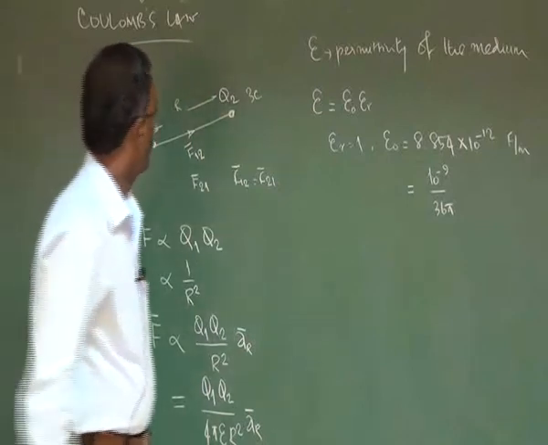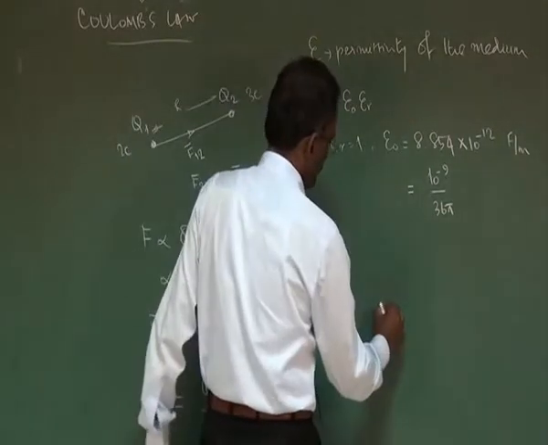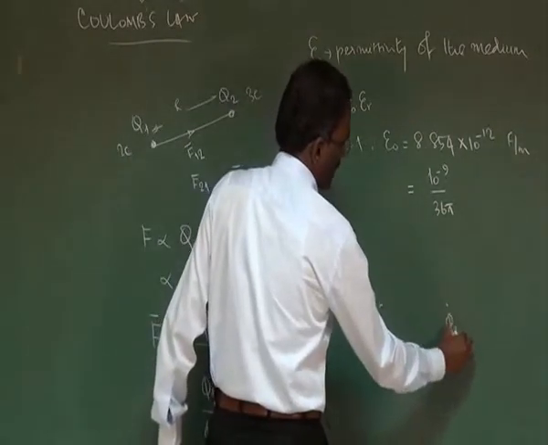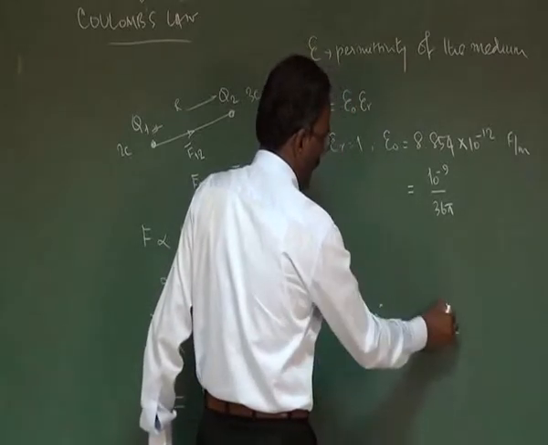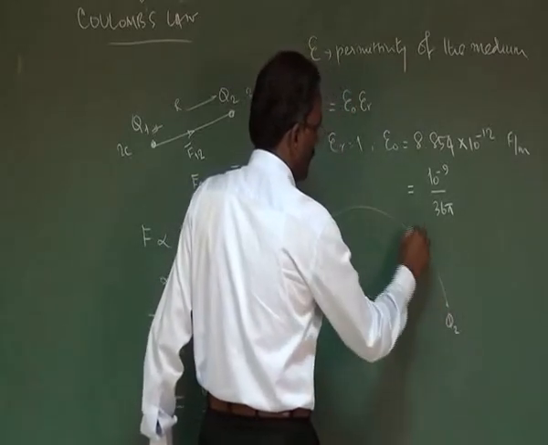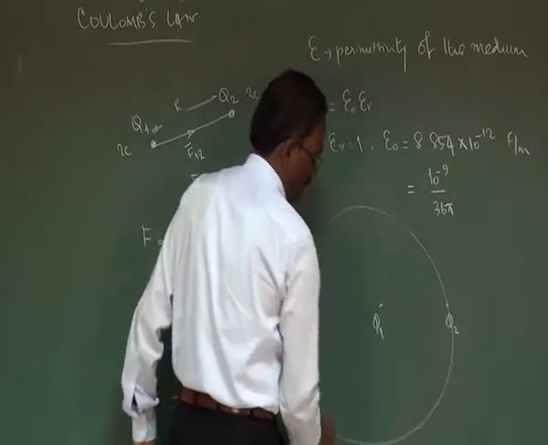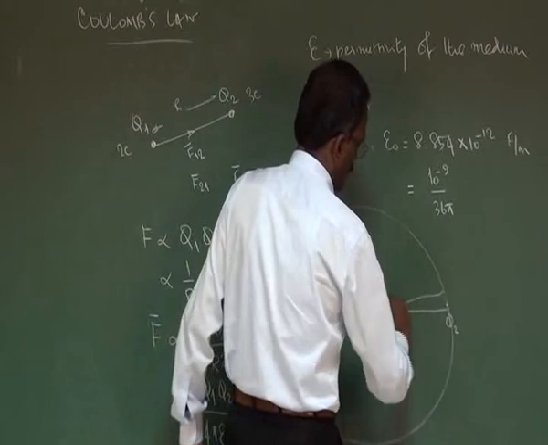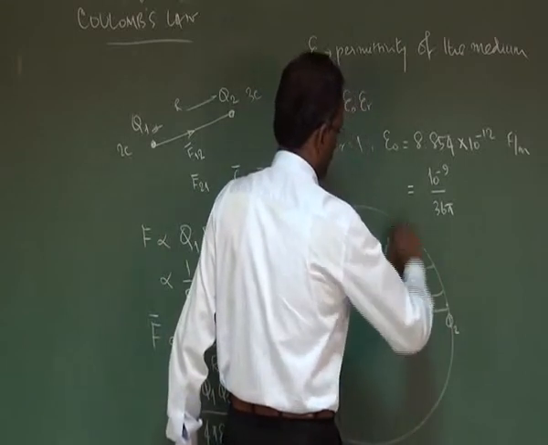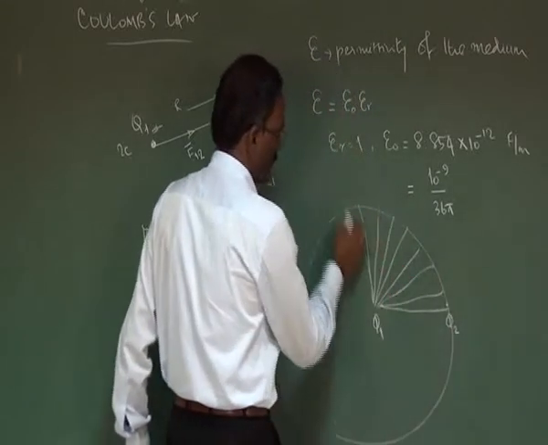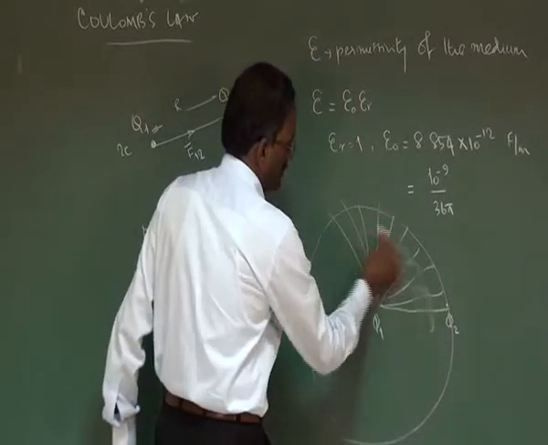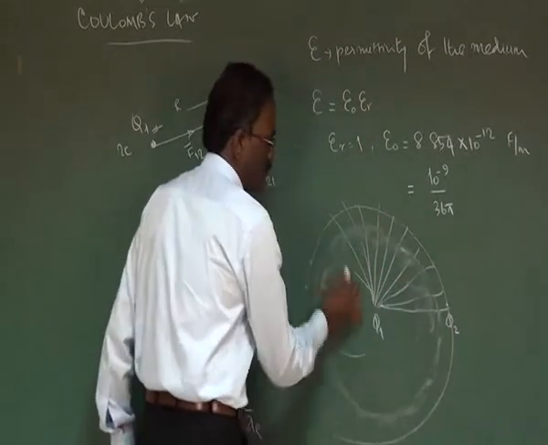Now I move the second charge Q2 around this Q1. I am moving this Q2 around this Q1 this way. Similarly, force exists everywhere around this Q1. So this is a region where force could be calculated.